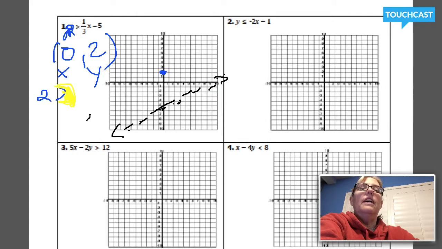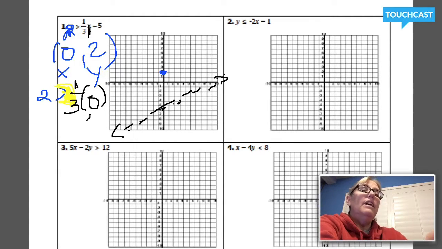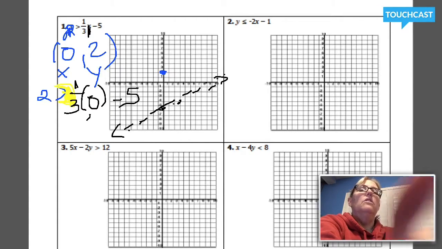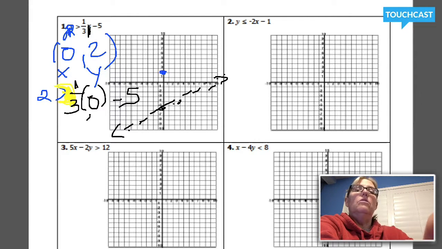So on the other side, I have 1/3 times x. I erased the x here, and instead of x, I put 0, which is why I'm really happy that it landed there. So then 1/3 times 0 is 0. So you get 2 Pac-Man, which is greater than because it's facing this area.